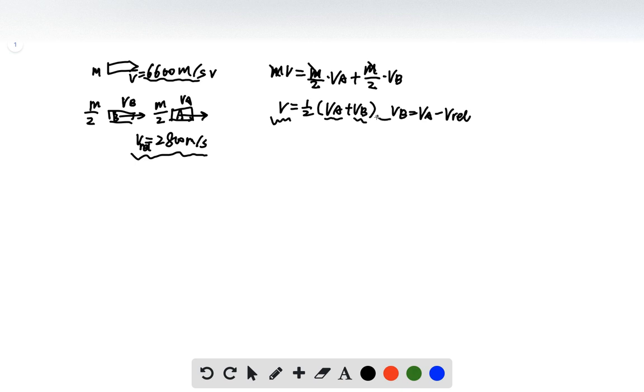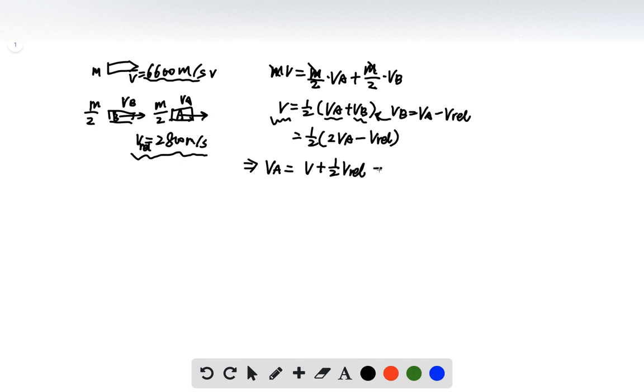If we plug that into this equation, we have v equals half of (2va minus v relative). And from that, we can find va. va equals v plus half of v relative.